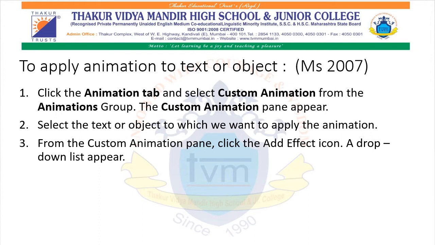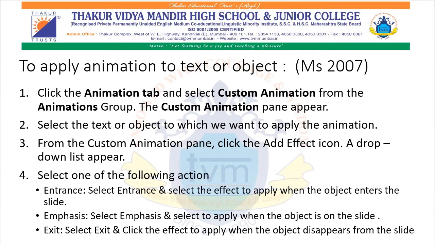Now from the drop-down list, there are 3 actions we can select. The first is entrance, the second is emphasis, and the third is exit. These 3 actions are used depending upon the requirement.